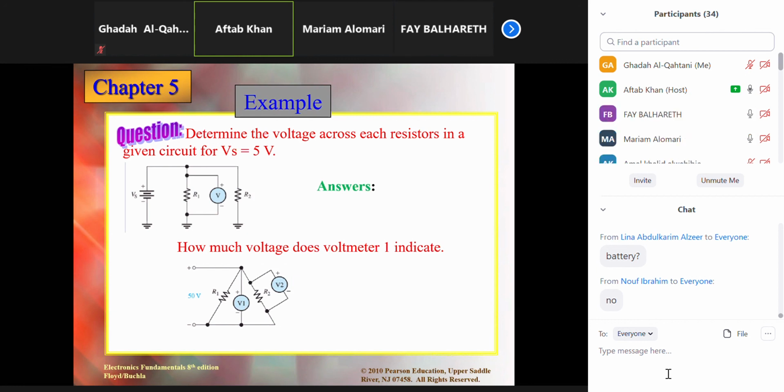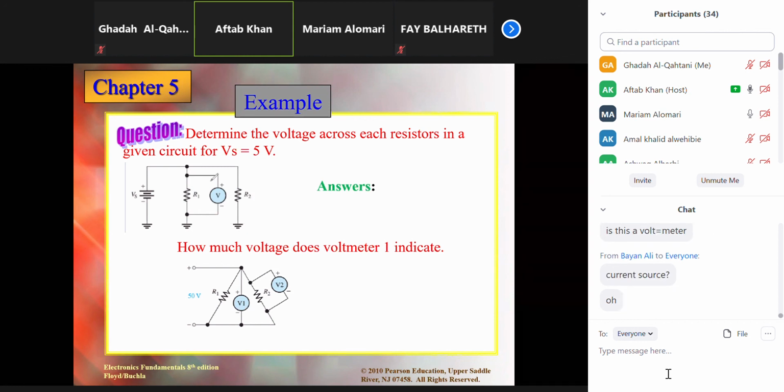Only one. Yeah. Okay. So it is the symbol of basically a voltmeter. And what is a voltmeter? A voltmeter is something which measures current. Okay. Yeah, this is a voltmeter.